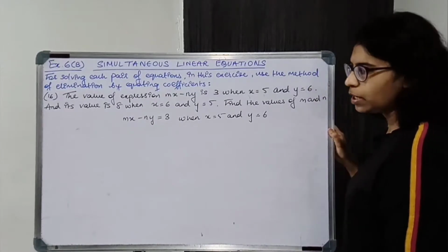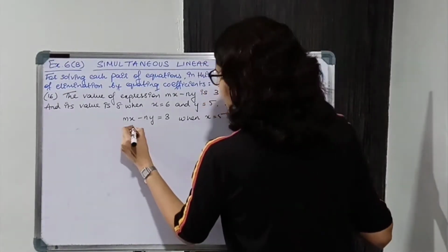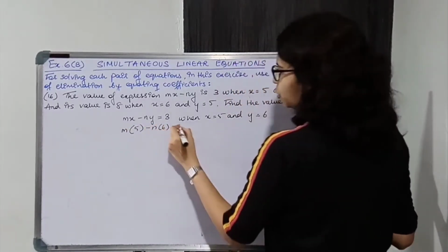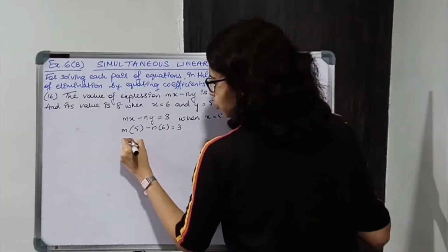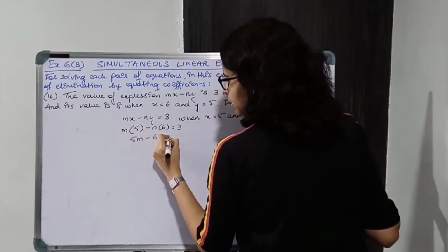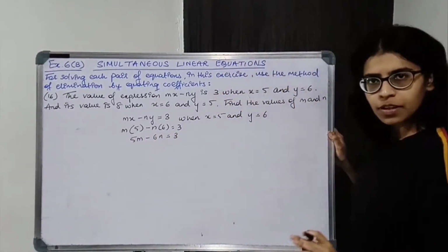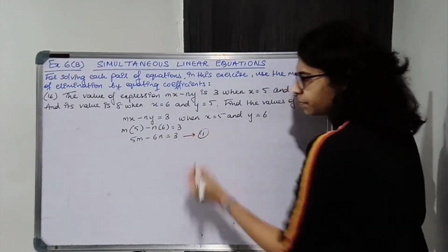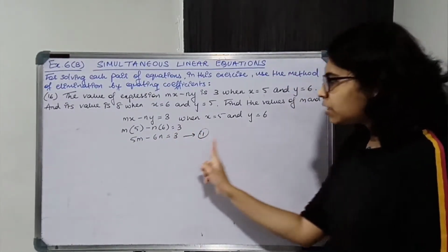So this will become m into 5 minus n into 6 is equal to 3. So 5m minus 6n is equal to 3. So we got one equation. It is in the required form.